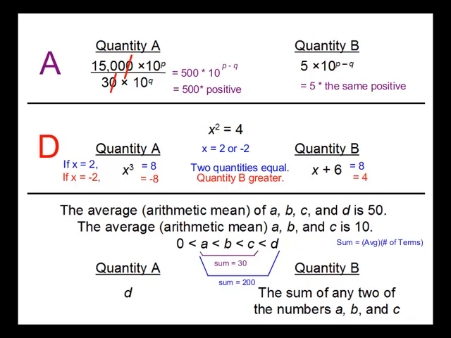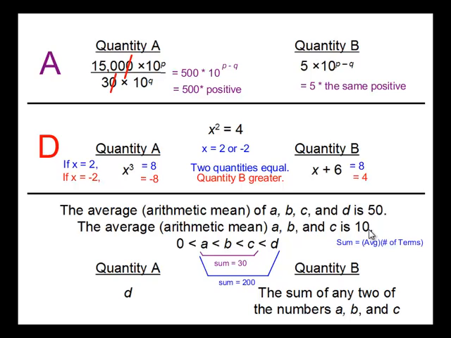So you could write this a different way, right? If sum divided by number of terms is the average, the sum actually equals the average times the number of terms. And here the sum is going to be more useful to us. You can glance down at quantity B to see why. And so if 4 numbers average to 50, they sum to 200.